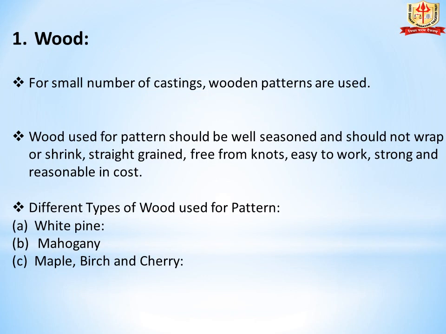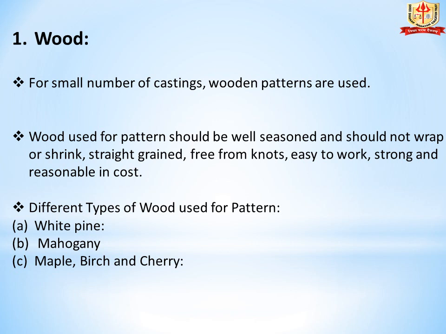Now we see the different materials used for patterns. First is wood. First point, for a small number of castings, wooden patterns are used. Point number 2, wood used for patterns should be well seasoned and should not warp or shrink.